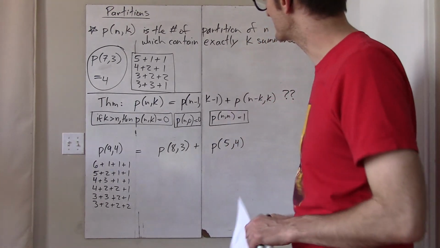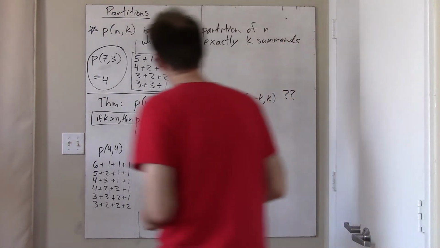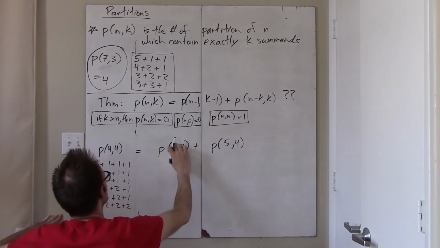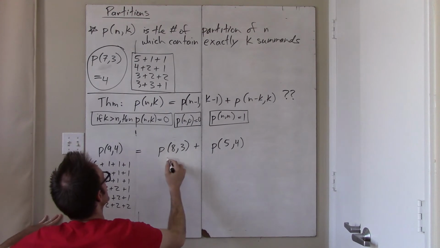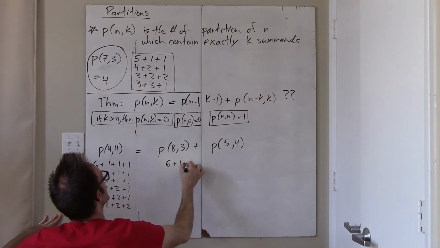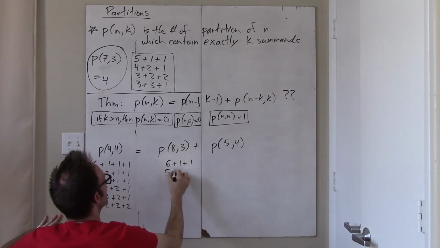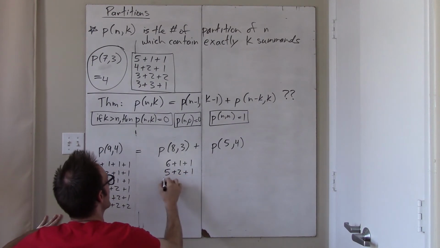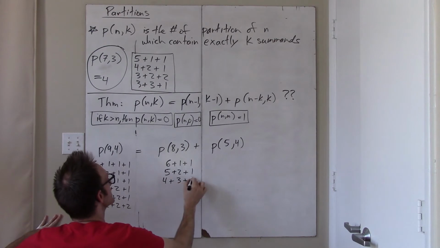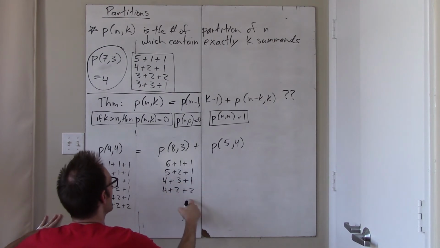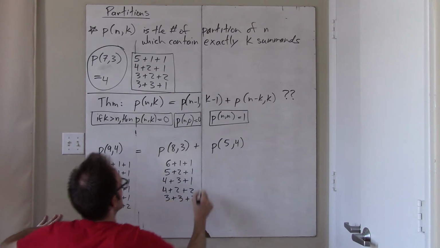Well, what is P(8,3)? P(8,3) is the number of ways of dividing 8 up into 3 numbers. That would be 6 plus 1 plus 1, 5 plus 2 plus 1, 4 plus 3 plus 1, 4 plus 2 plus 2, and 3 plus 3 plus 2.